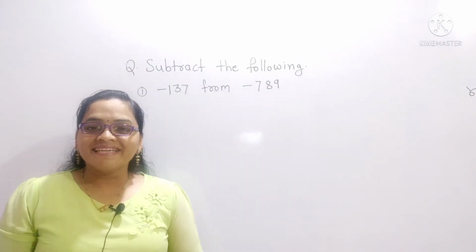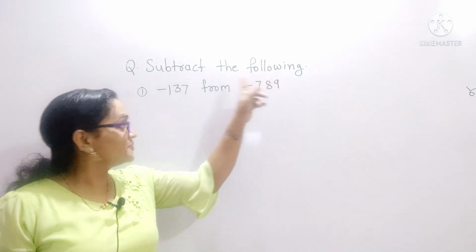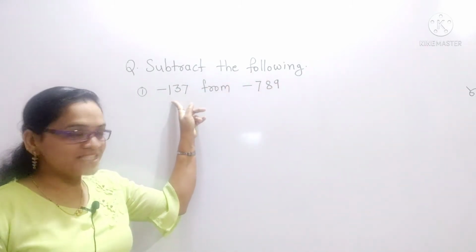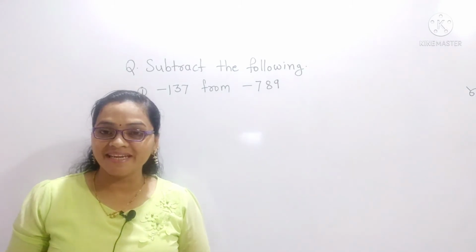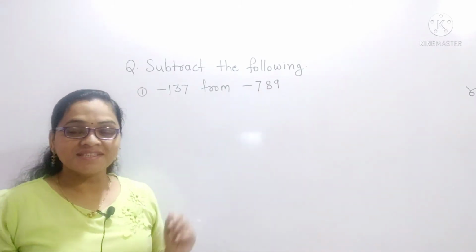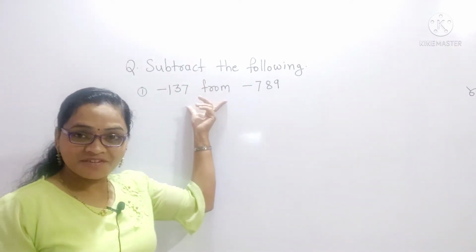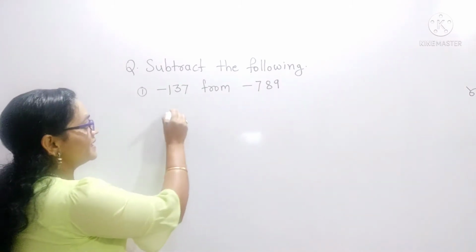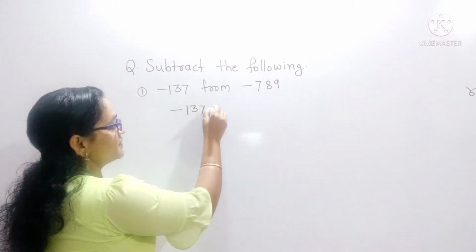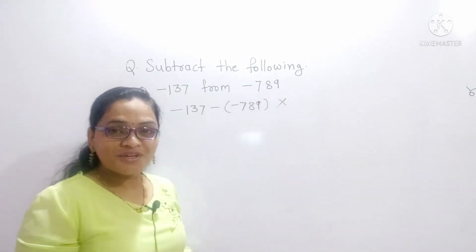Okay. In the exam you may get a question like this. Subtract the following: minus 137 from minus 789. Be careful while subtracting these two integers. So many times students read the question and directly write minus 137 minus 789, which is wrong.